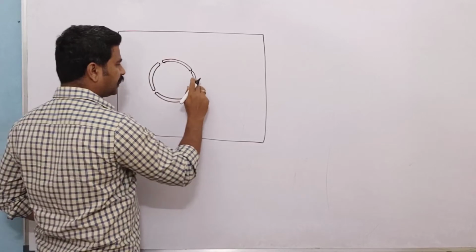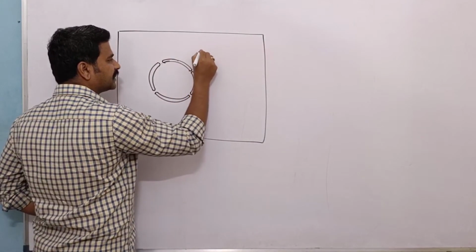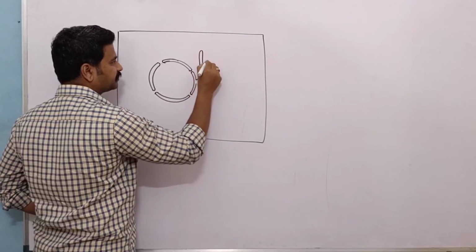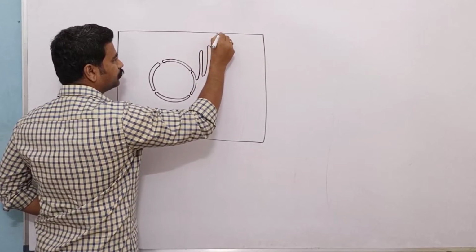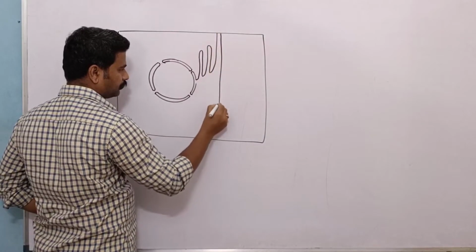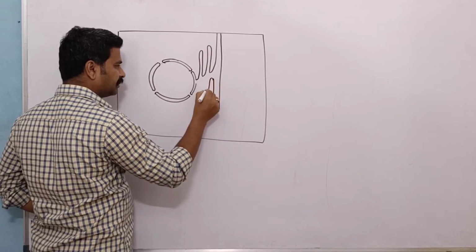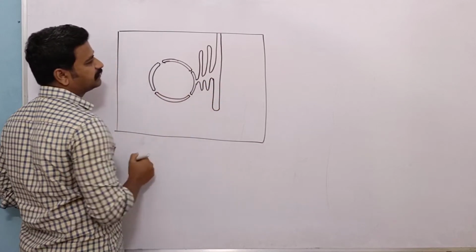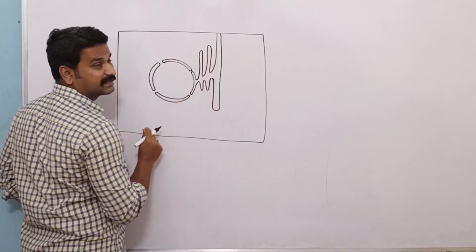So attached to the outer nuclear membrane, we have a saccular tubular structure which on one side is connected to the outer nuclear membrane, and on another side it is connected to the plasma membrane. This much of structure is called cisterna.